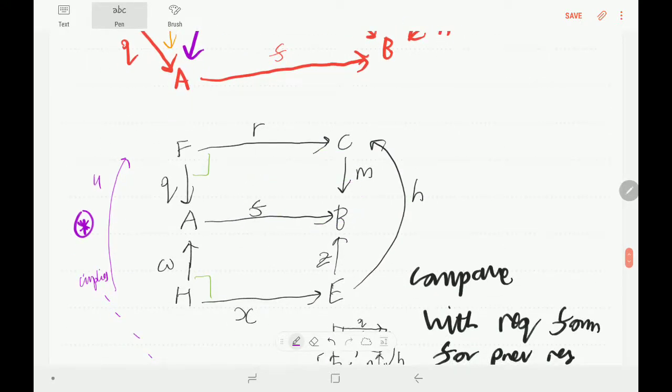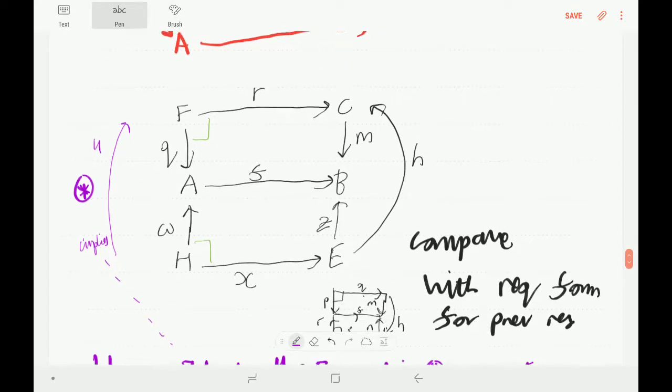Then we see this is the right motif to apply our previous result. That implies there's a U from H to F, which makes this diagram commute, and is such that the outer perimeter forms a pullback.